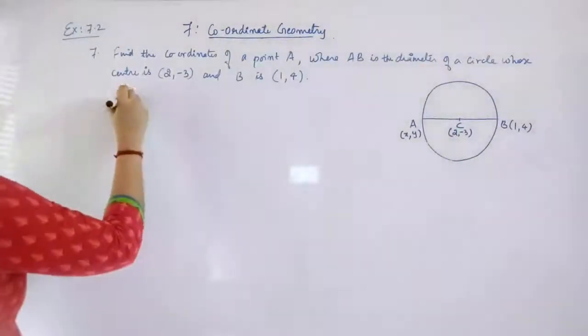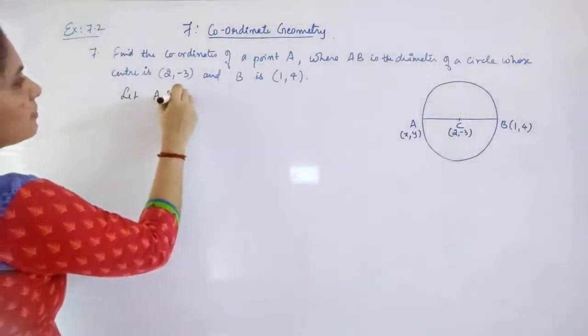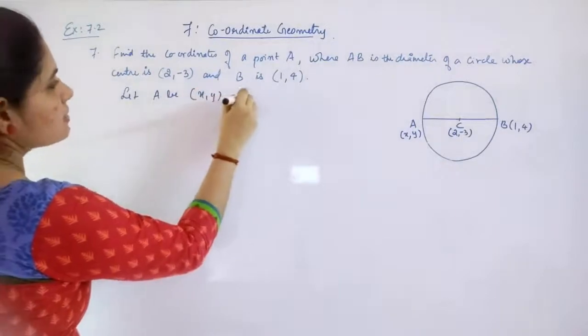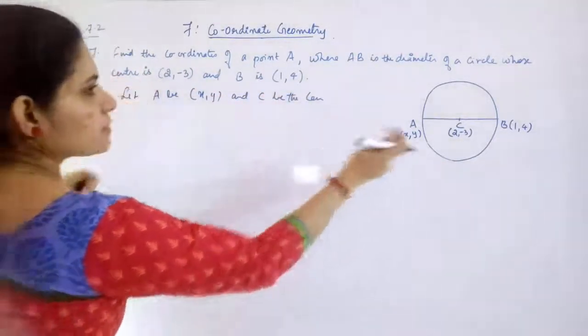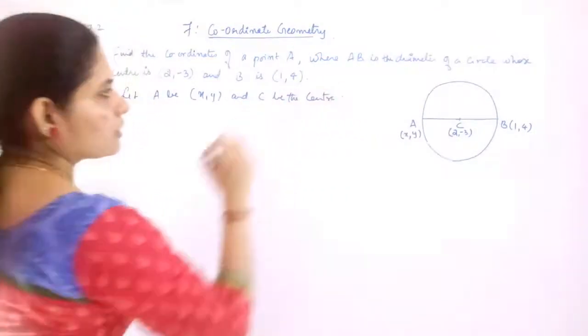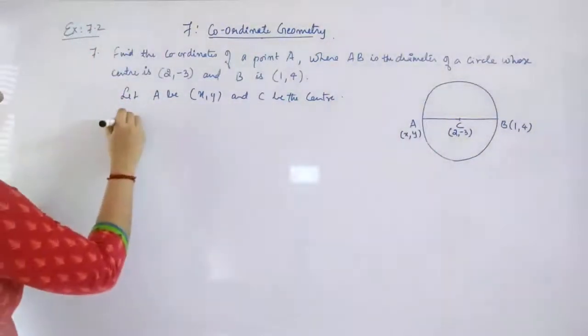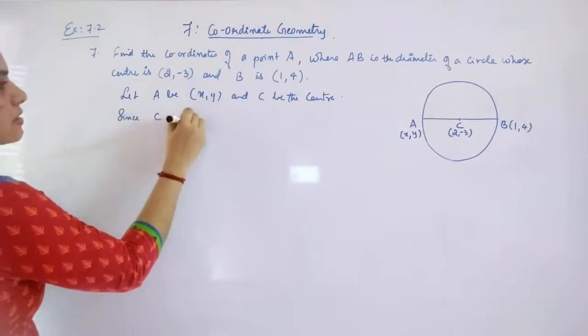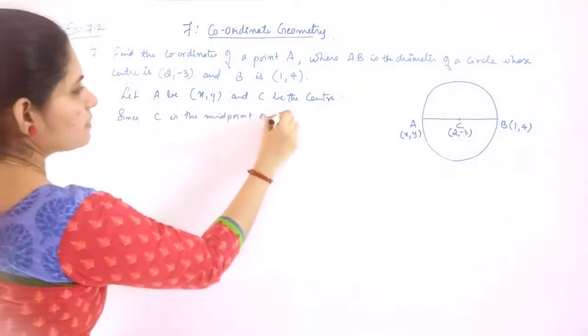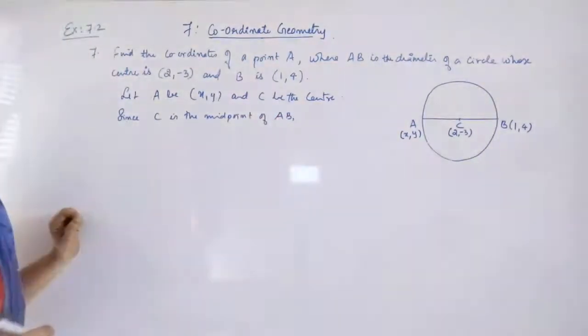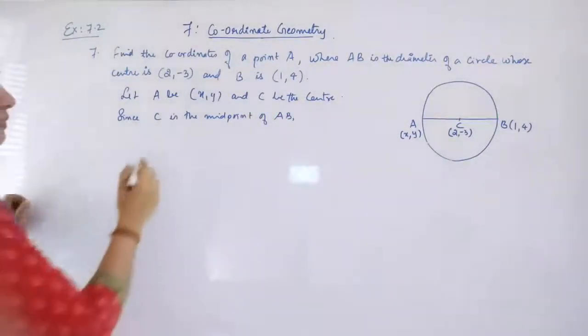Okay, so let A be (x, y) and C be the center, because your coordinate is given but we have taken it to be C. Okay, since C is the midpoint of AB, what will be that midpoint criteria?